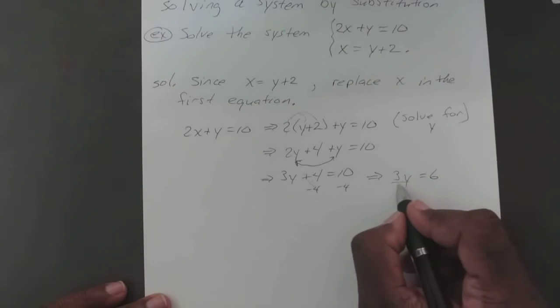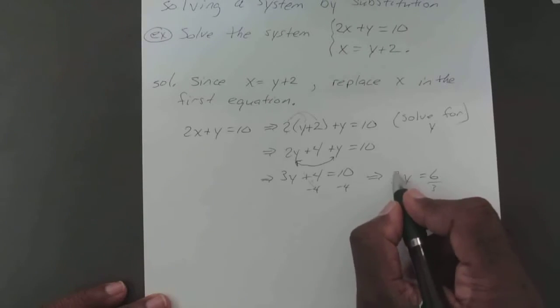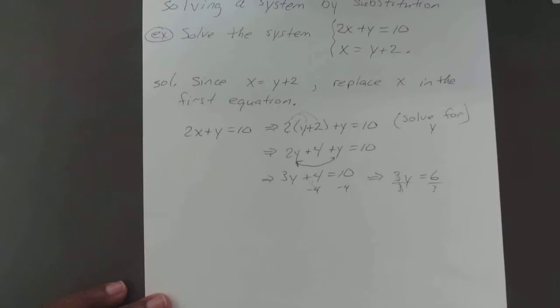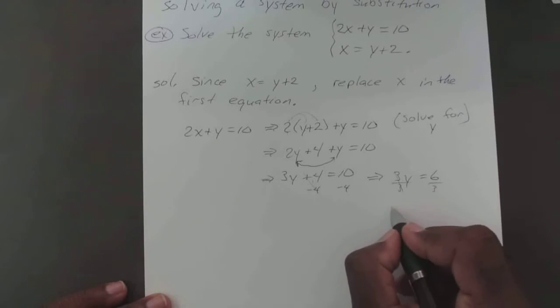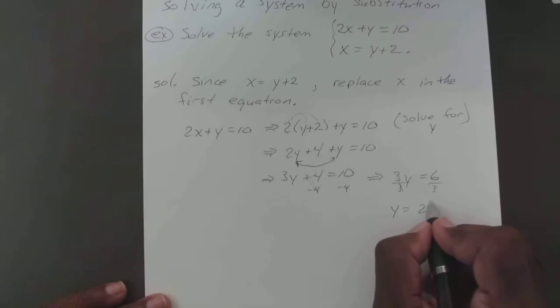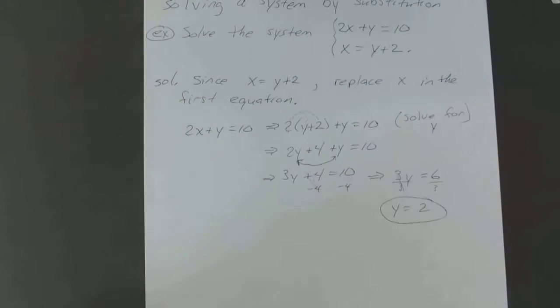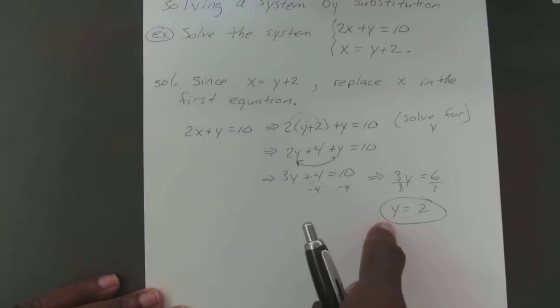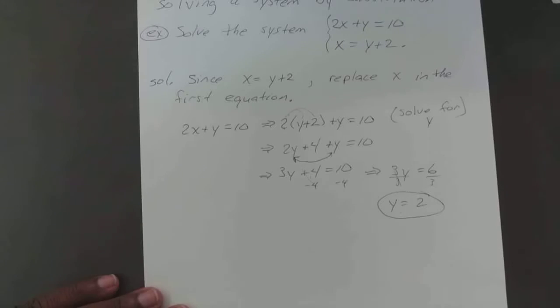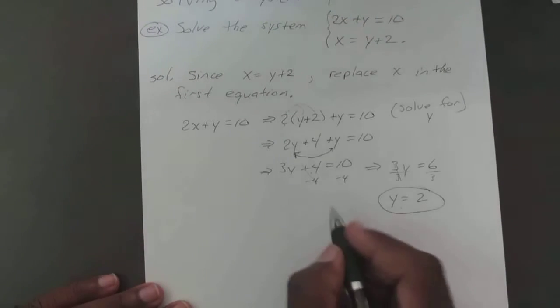Now we divide both sides by 3. 3 divided by 3 is 1, so we have y equals 2. Just substituting that x with y plus 2 gave us y equals 2. Now that we have our y, plug it into either one of those equations and solve for x, and we'll have our answer.